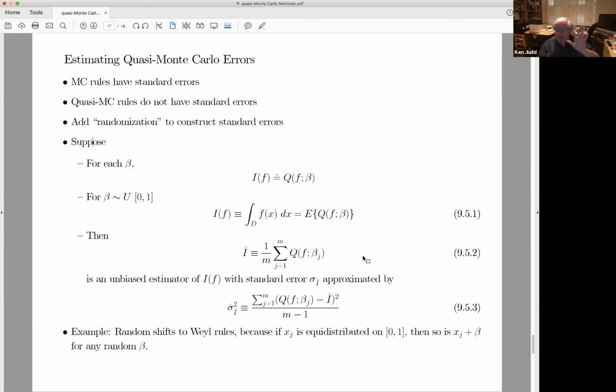You have 1,000 points in your Monte Carlo thing, and then you do it 4 more times, so you have a 5,000 draw. You have a mean and an estimate of the variance. Good. What I can do is take 1,000 quasi Monte Carlo points, and then do a random rotation of those points. That rotation will give me another set of quasi Monte Carlo points that are just as good as the first one, but randomly different.